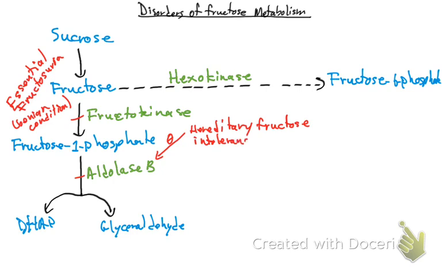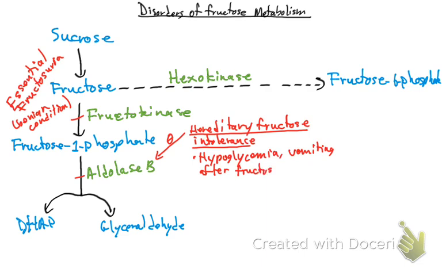And then how do you think that this hereditary fructose intolerance is going to present? So the patient is going to have hypoglycemia. The patient is going to have vomiting after fructose ingestion. Also the patient is going to have failure to thrive, and the patient is going to have liver and renal failure, both.